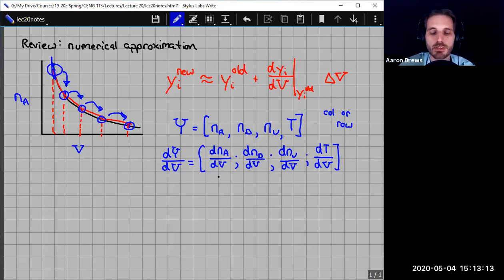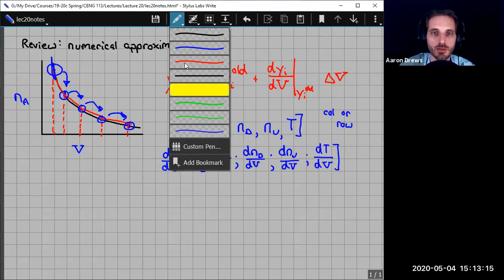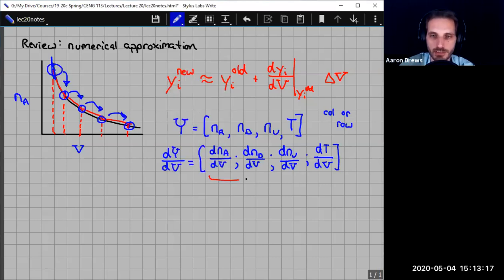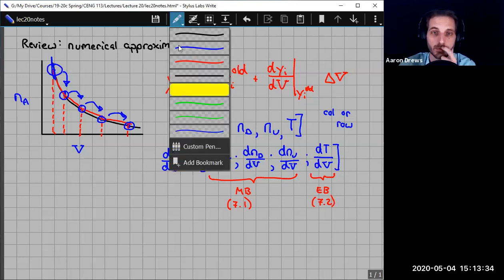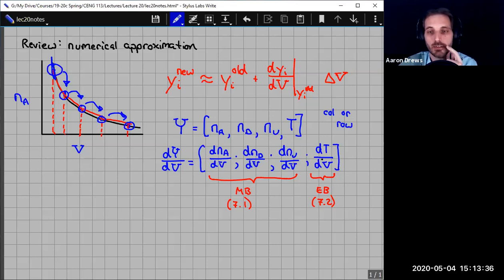And each one of these comes from a material balance or an energy balance, right? So we can evaluate each one of these from the material balance, which in your book is equation 7.1. And then the last one over here is your energy balance, and this is equation 7.2. If you have more components, you just add them.